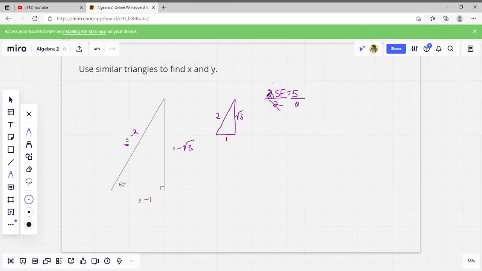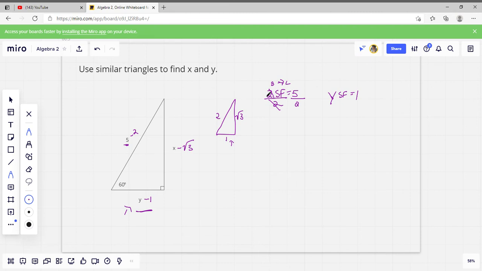If we're going from small to large, from this triangle to this triangle, our scale factor is 5 over 2. So if we're down here on the bottom and we want y, we say y times our scale factor equals 1.